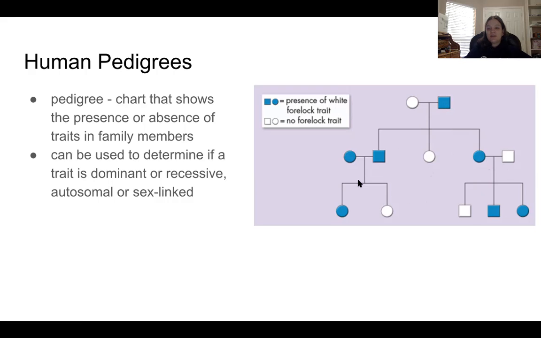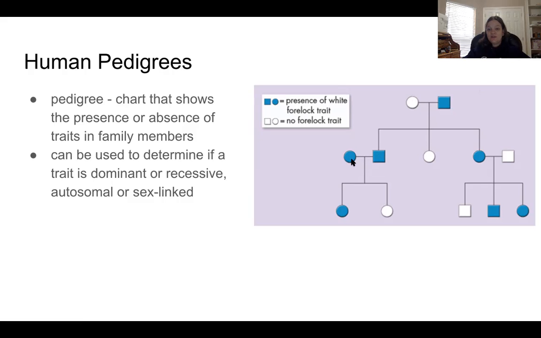So this particular pedigree is tracing the presence of the white forelock. That's people who, right here, have white hair at the very front of their hair. Okay, so we have 3 generations here, right? Granddad has this trait, but grandma doesn't.